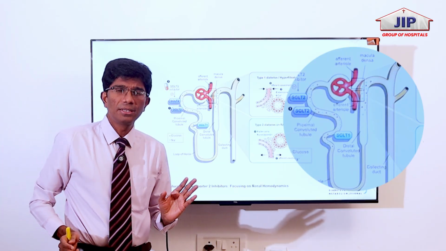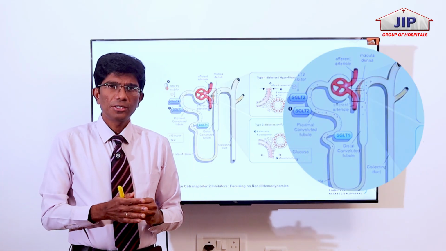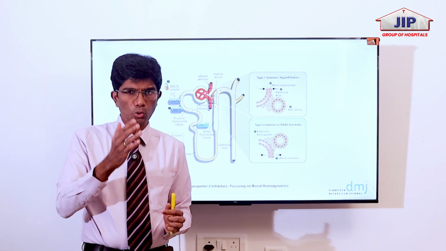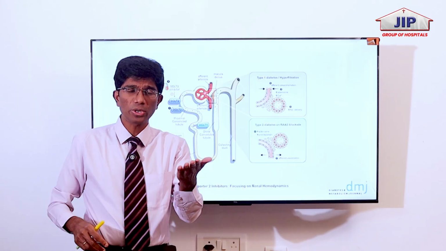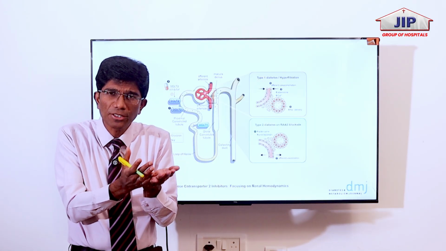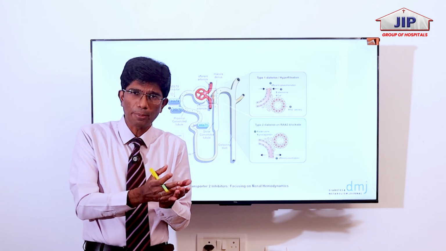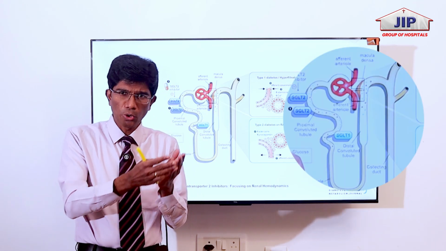Please remember that when someone develops diabetes, naturally the plasma glucose goes up. That person maintains high plasma glucose, for example 400, 500. When you maintain a glucose level of 400, 500, what happens? Naturally our kidney also filters more and more glucose.